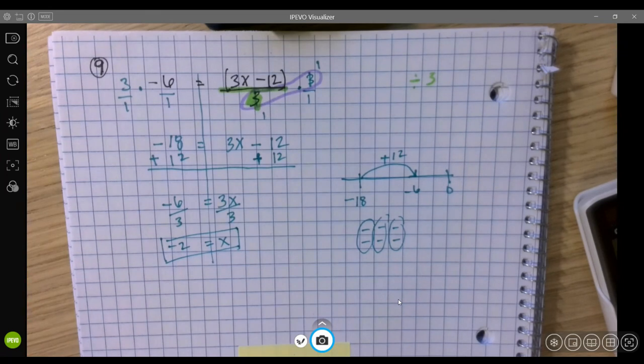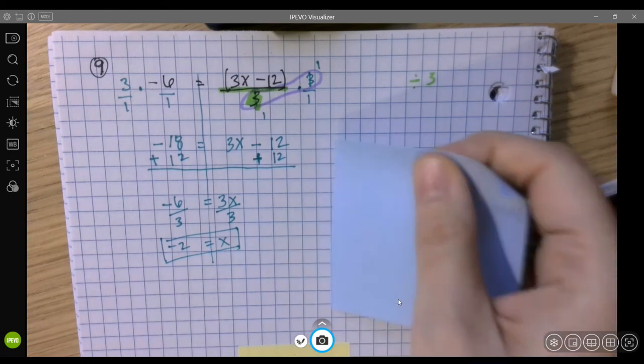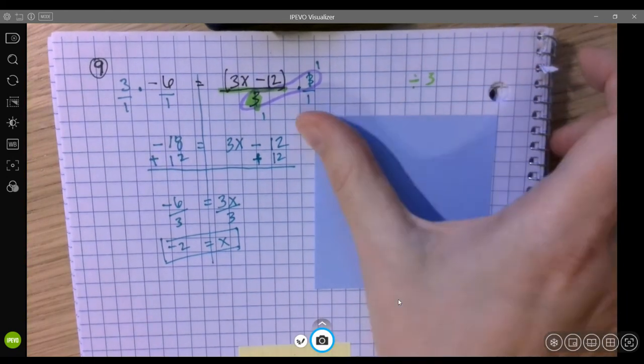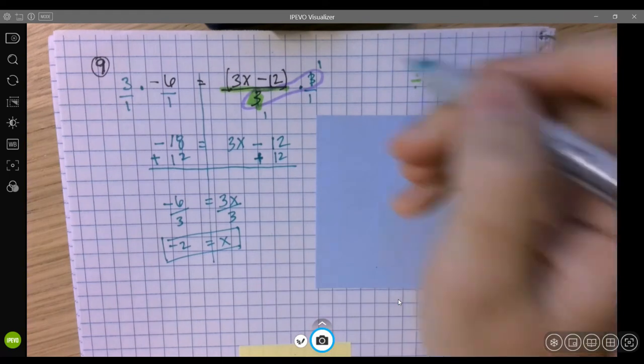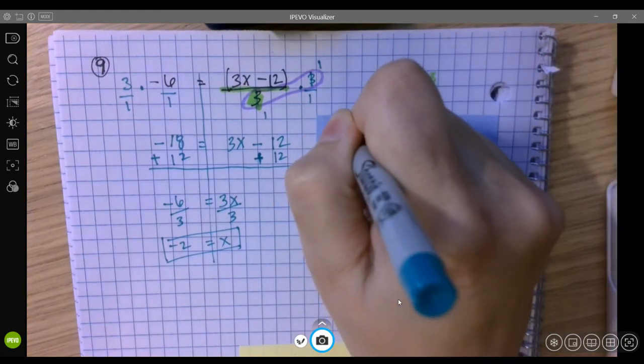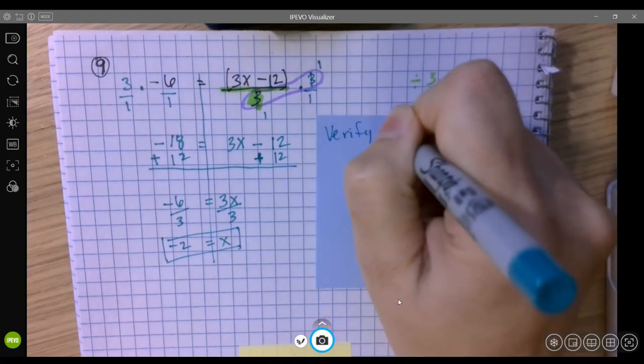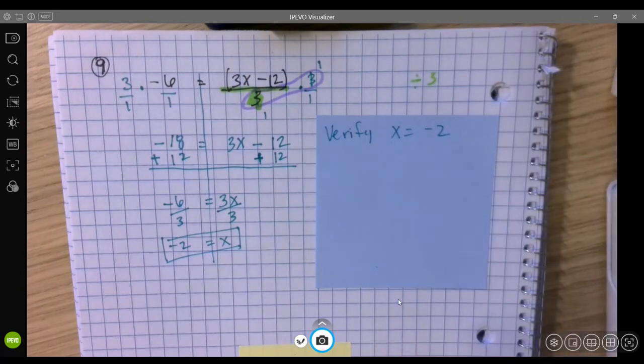To verify, I am going to do it on a Post-it, if I can find a Post-it, just so that I can stay in the same space here. To verify that x really is -2, I have to go back to my original equation.